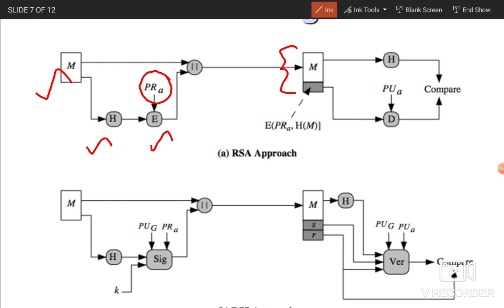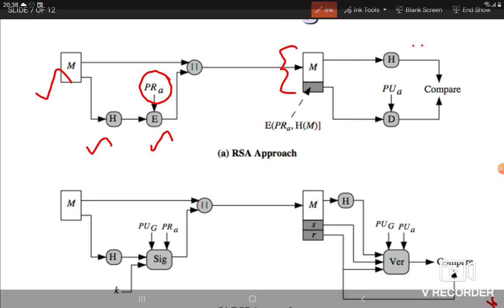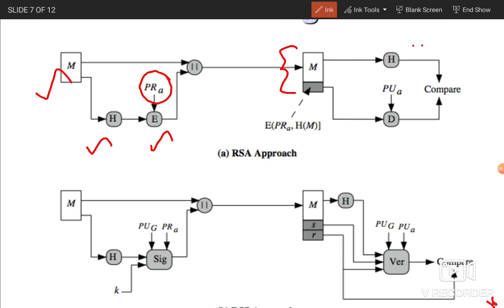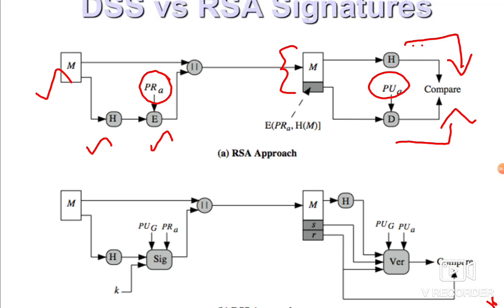At the receiver end, the receiver again calculates the hash code and decrypts the encrypted hash code by using the sender's public key using the RSA algorithm. Now, the decrypted hash code and the calculated hash code are compared. If they are equal, then the signature is valid.